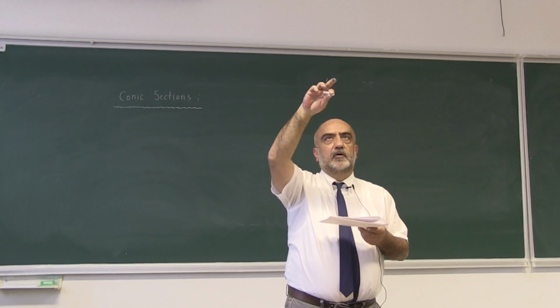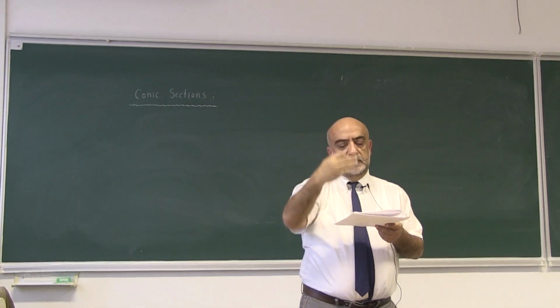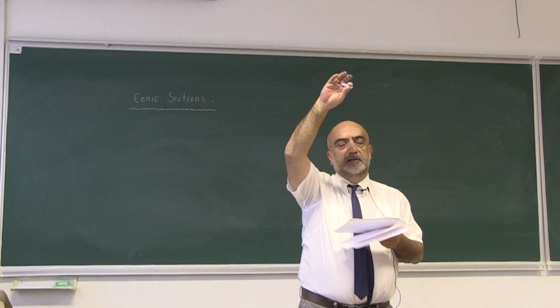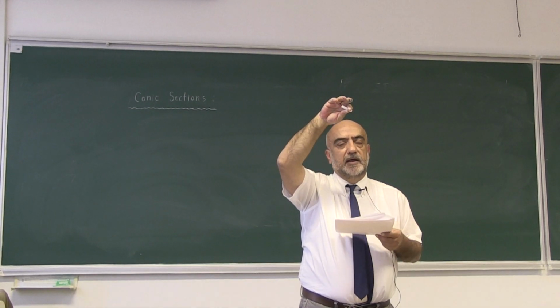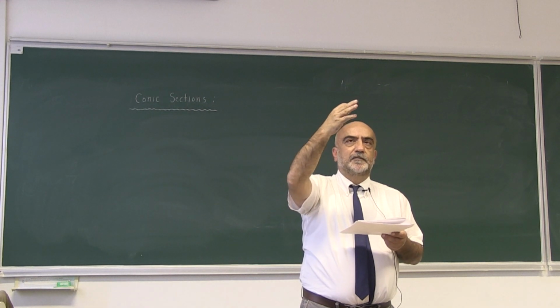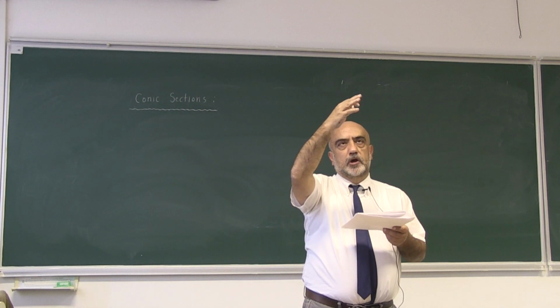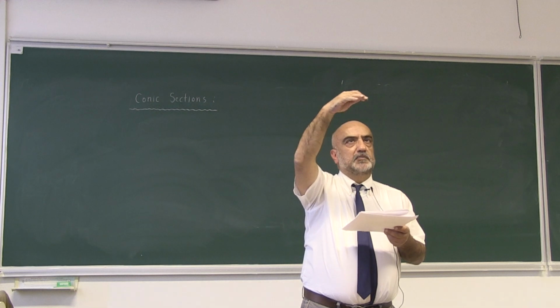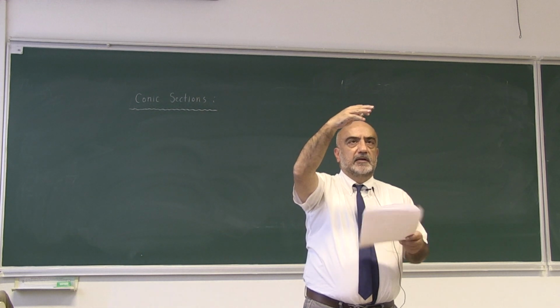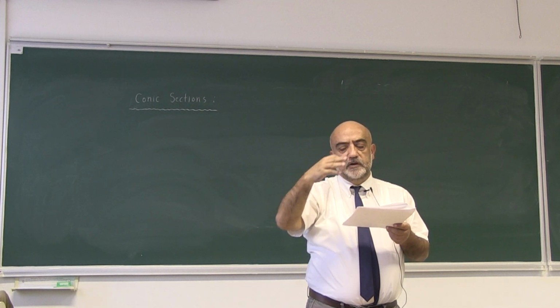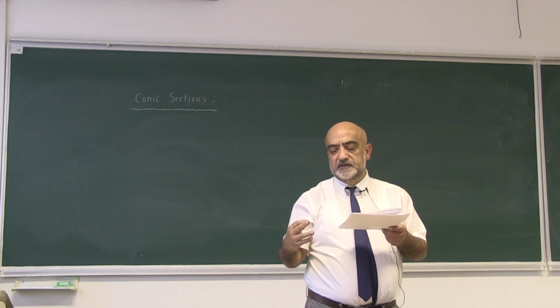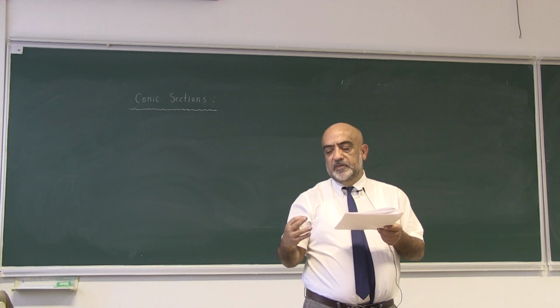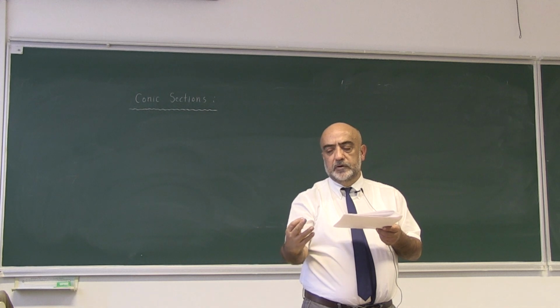Take a point on that line. Let it be called the axis. Let's take a point on the axis and let that point be called the apex. Let's join that point to a point on the circle, and let the point on the circle move on the circle.